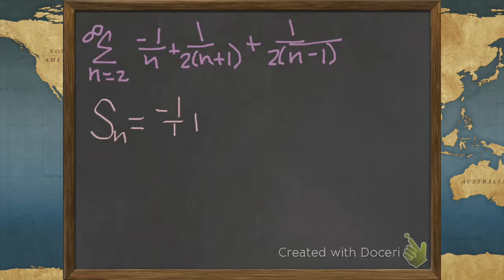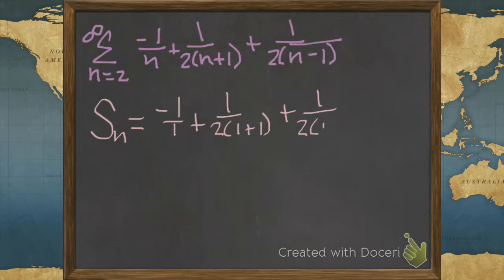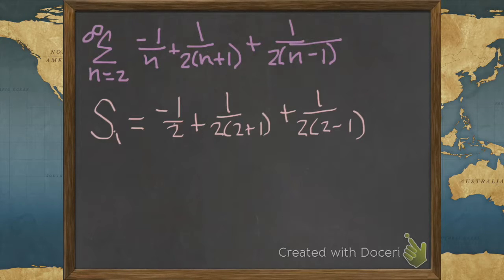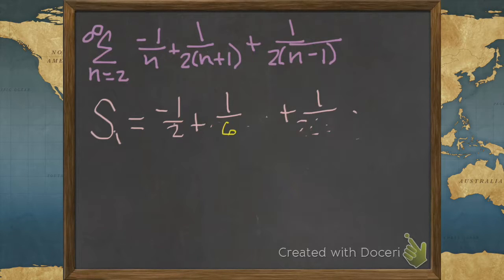Now I'm going to look for the partial sum. So I find S1. S1, bam, that's a 1. Then I call that 1 plus 2 a 3, and I call that 2 minus 1 a 1, and I multiply those out, and that's how I got that 6 and that 2.